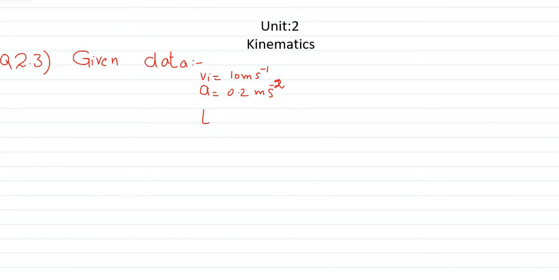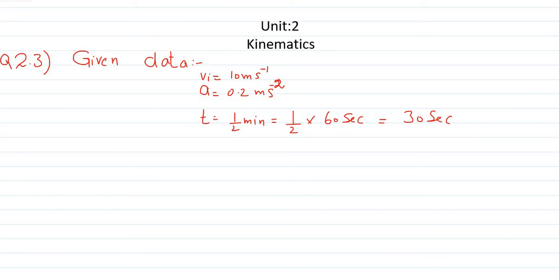As you know, we have to write it in SI units. The unit of time is second, so we convert it into seconds. To convert it we multiply by 60 seconds, because 1 minute contains 60 seconds, and when we divide 60 by 2 we get 30 seconds.